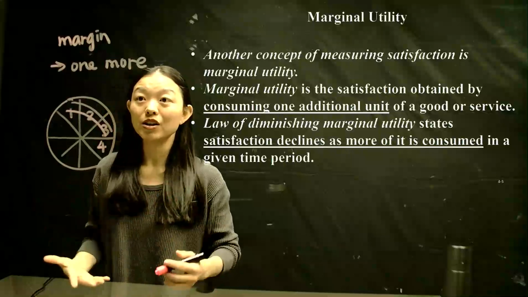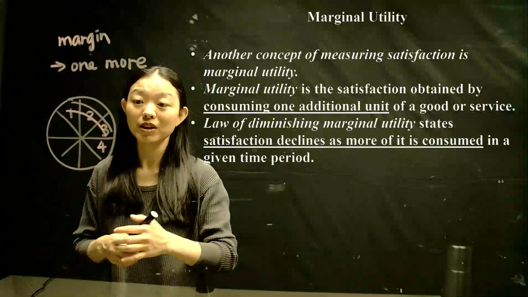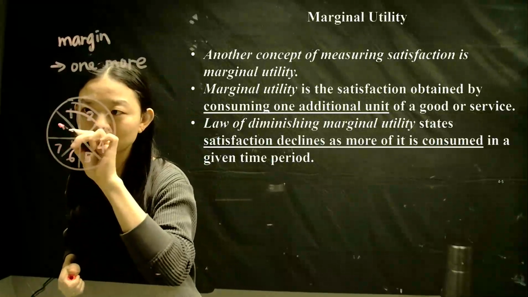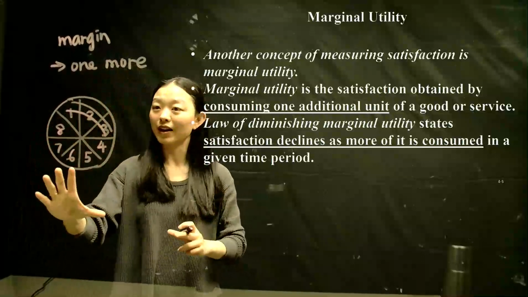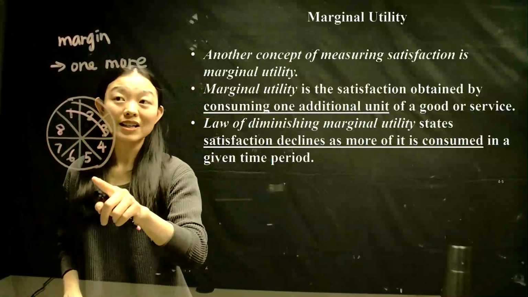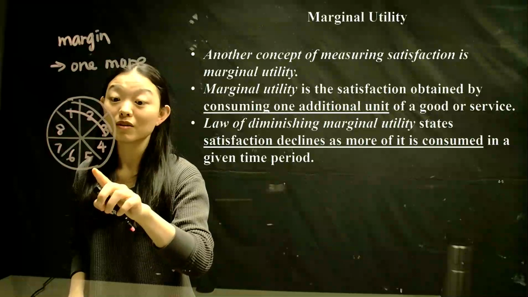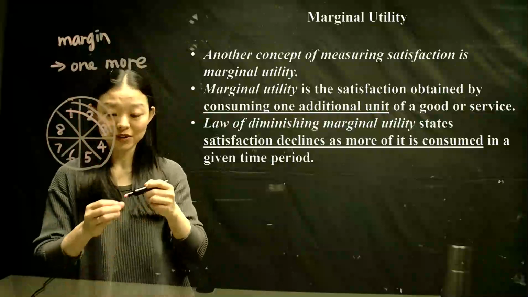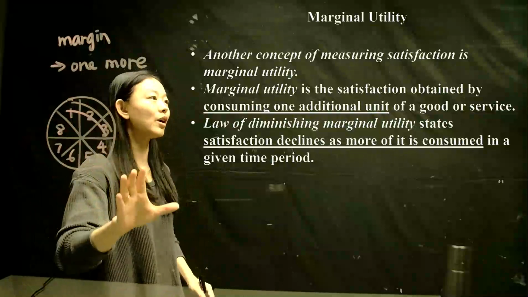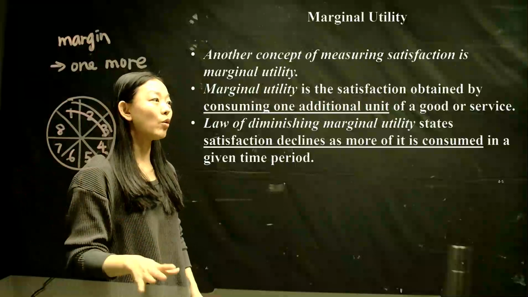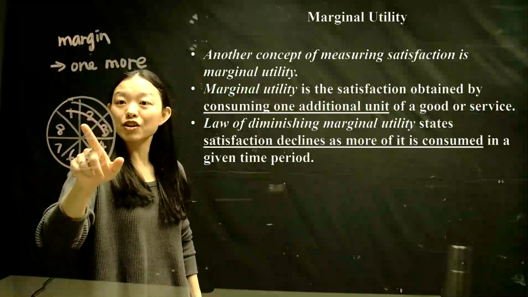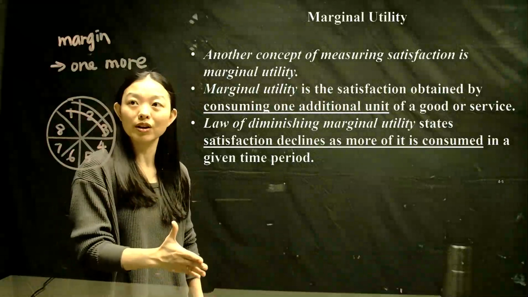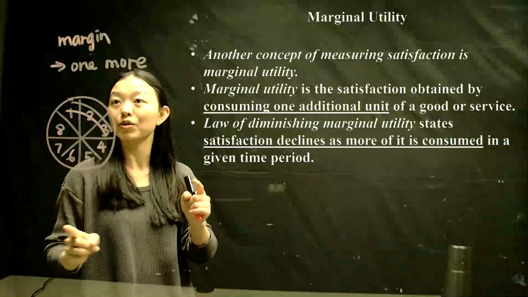And if you keep eating those pizzas and finish the whole pizza, I believe the satisfaction from the fifth slice is smaller than the fourth one, especially compared to the very first one, right? So this is the law of diminishing marginal utility. It tells you that the additional satisfaction from consuming one more unit of the good would decline in a given period of time.